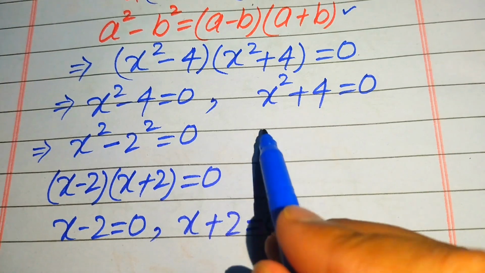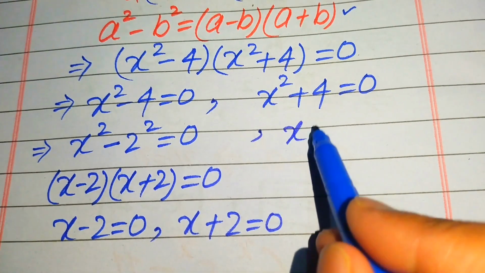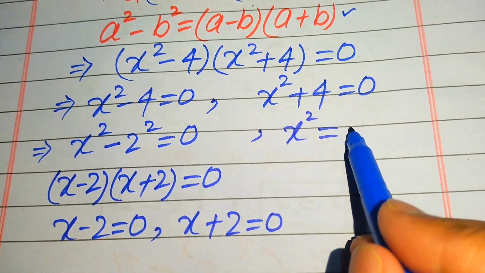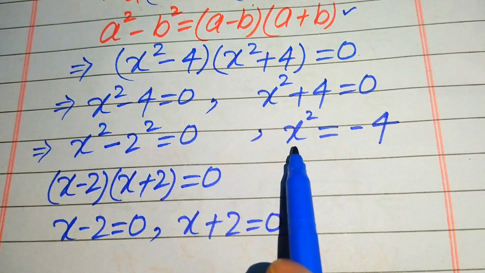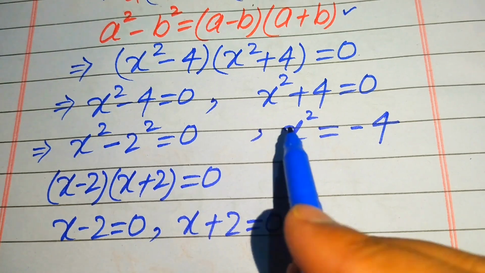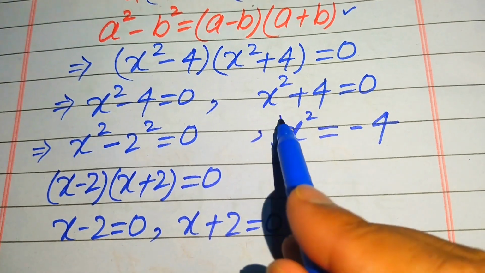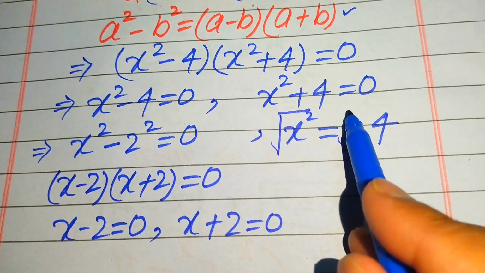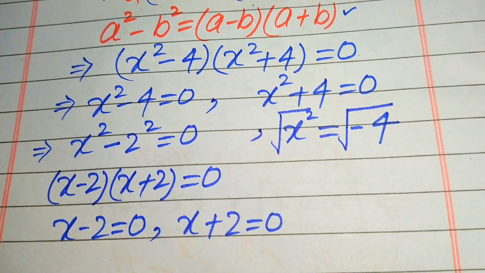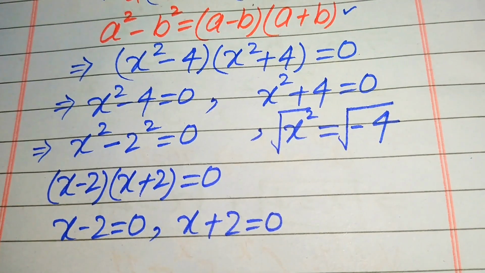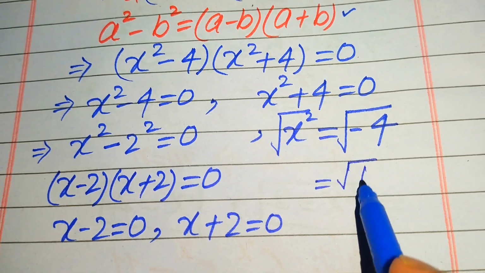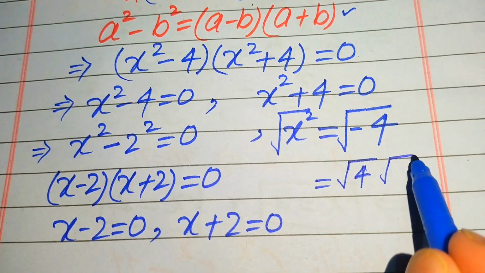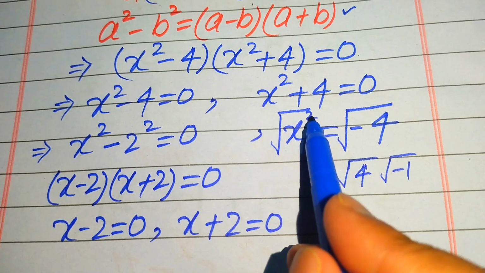From this case we move plus 4 to the right hand side and we get x square is equal to minus 4. And for the values of x we need to remove this square sign, and for this we will take the square root on both sides. So when we apply square root it will be written in this form. So here we break the square root on the right hand side and it will be written as square root of 4 into square root of minus 1.